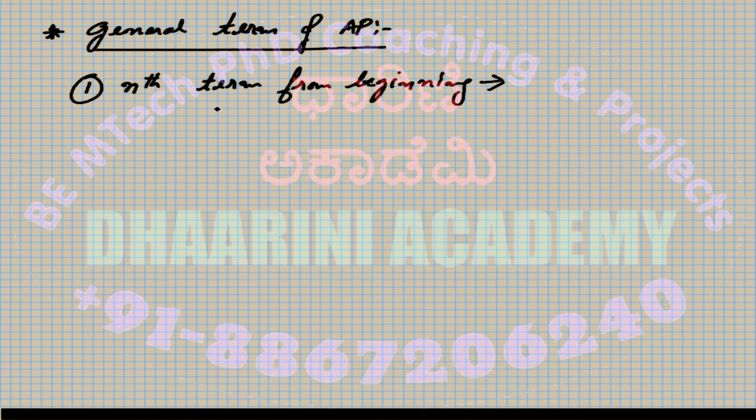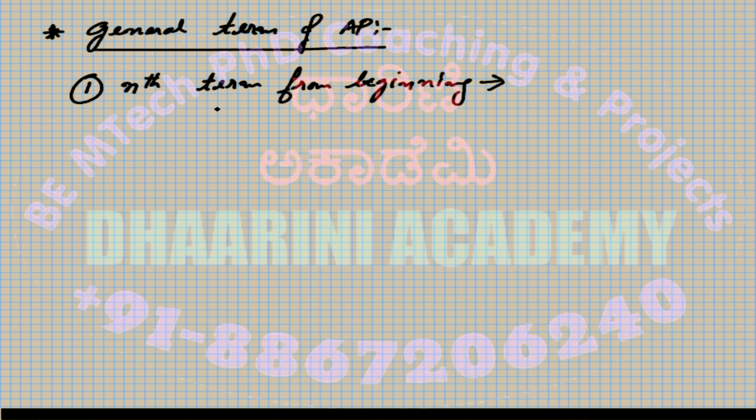So the second one is nothing but the nth term from last. Now let's try to do a quick derivation of that. If I want to find out the first term from last, it is denoted as, say, T1 dash.